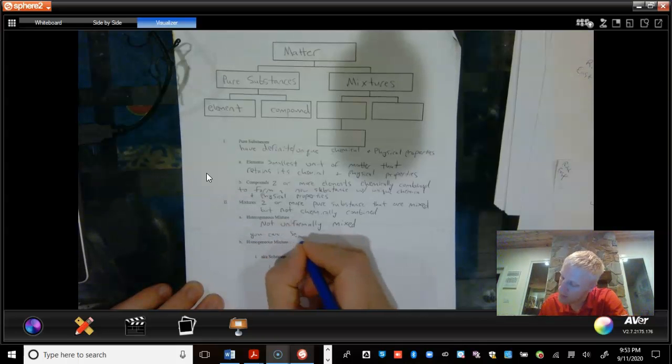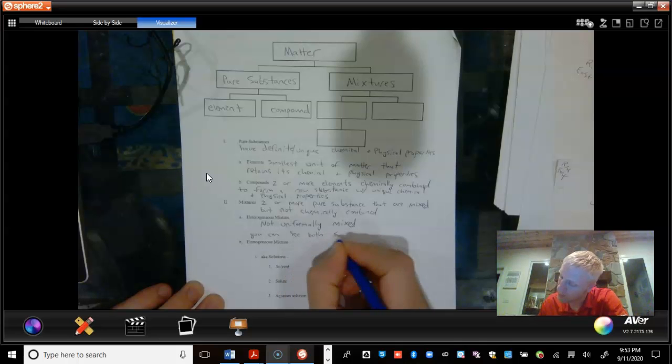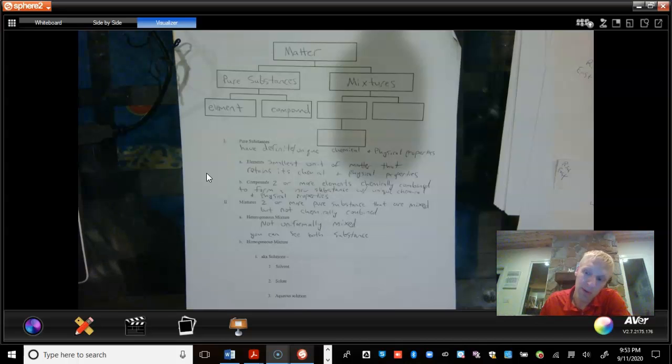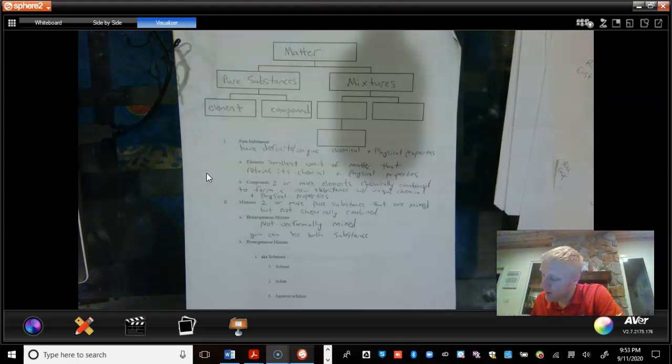You can see both substances, just like you can see the pepperoni and the cheese on your pepperoni cheese pizza. Another example would be like sand and water. You can see the sand, you can see the water. That's a heterogeneous mixture.